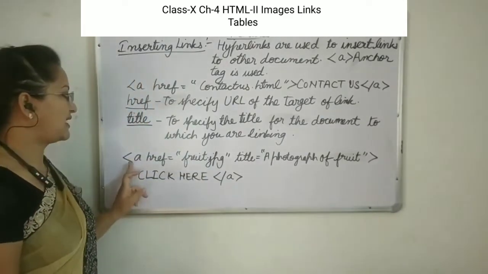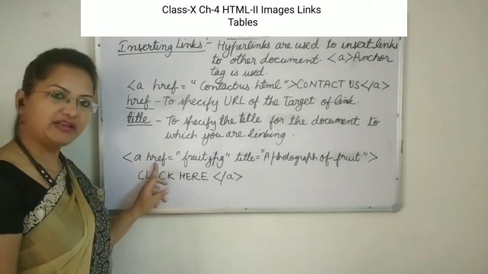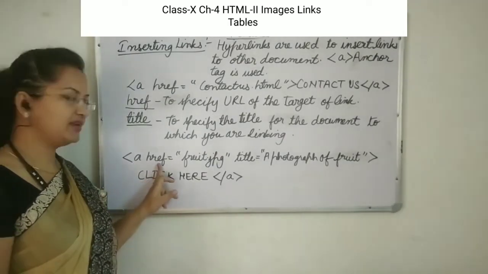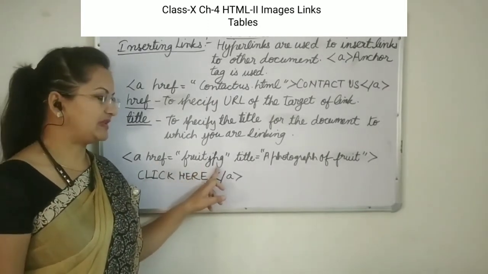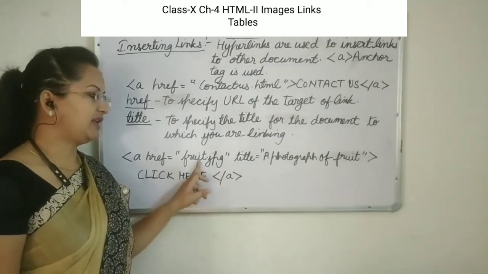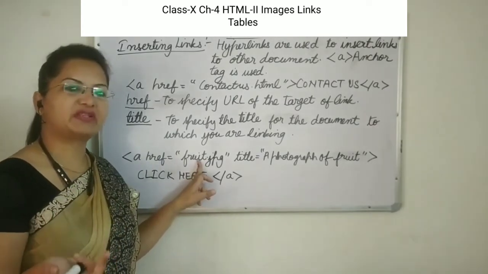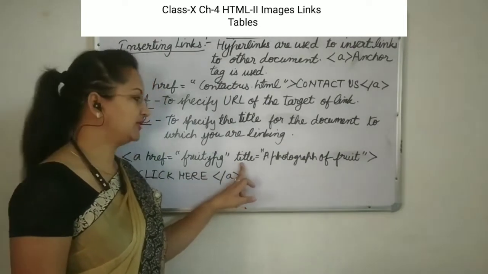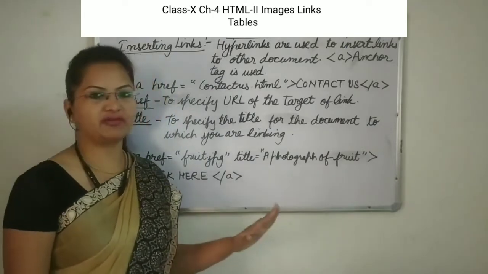So let's see the example of title. First of all, you write A, the anchor tag, href. That means to specify the URL, you have to write href. Here I have written the picture name, fruit.jpg. So when I click here, it will take us to the fruit.jpg image. That means the fruit.jpg picture will open. Now the title for it. The title is a photograph of fruit. This title can be of your choice.